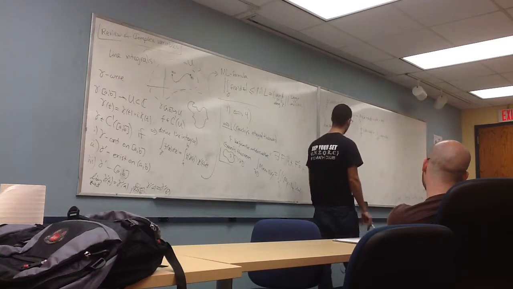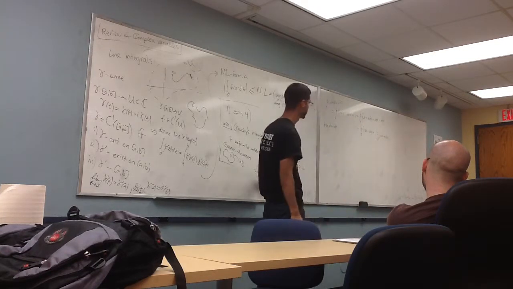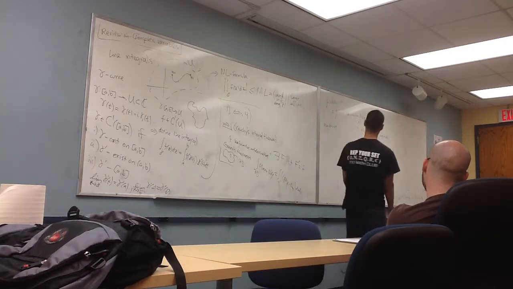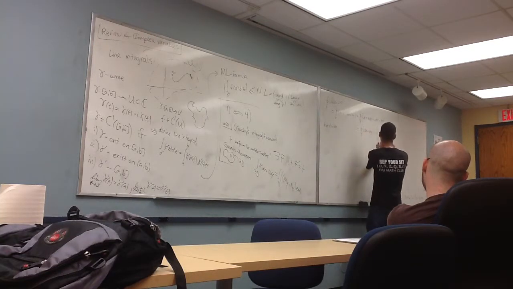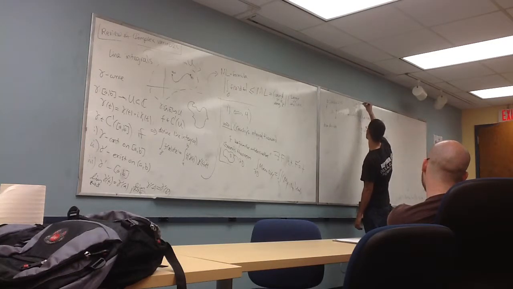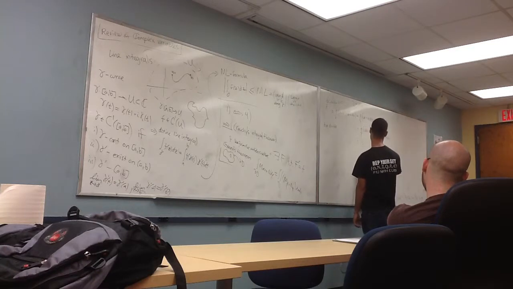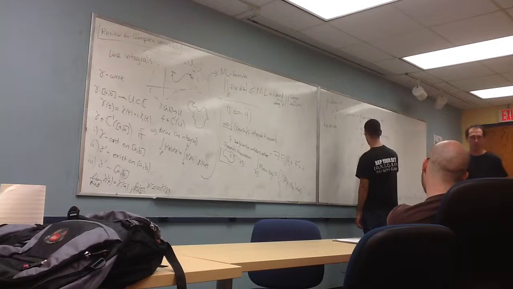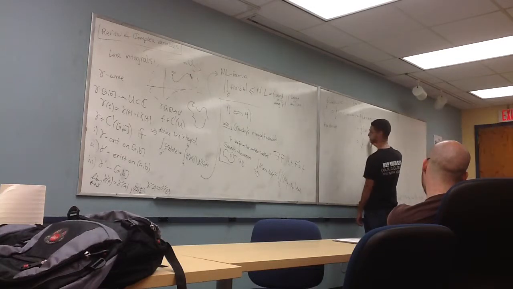And now we apply Green's theorem to each of these pieces individually. By Green's theorem, this is the double integral, where gamma is the boundary of the domain, so that this becomes a double integral over the domain of these partials.